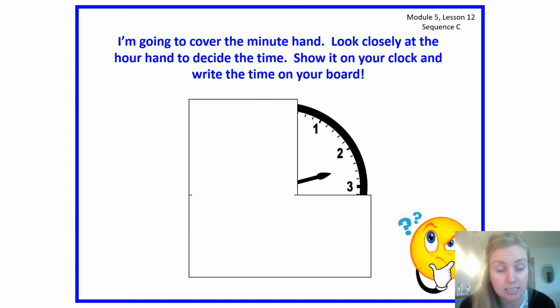Next clock. This hour hand is not pointing straight at the 2. If it's not pointing straight at the 2 and if it's between two numbers, we know that it's that time 30. So make it on your clock, write the time on your scratch paper. You have 10 seconds. Go.